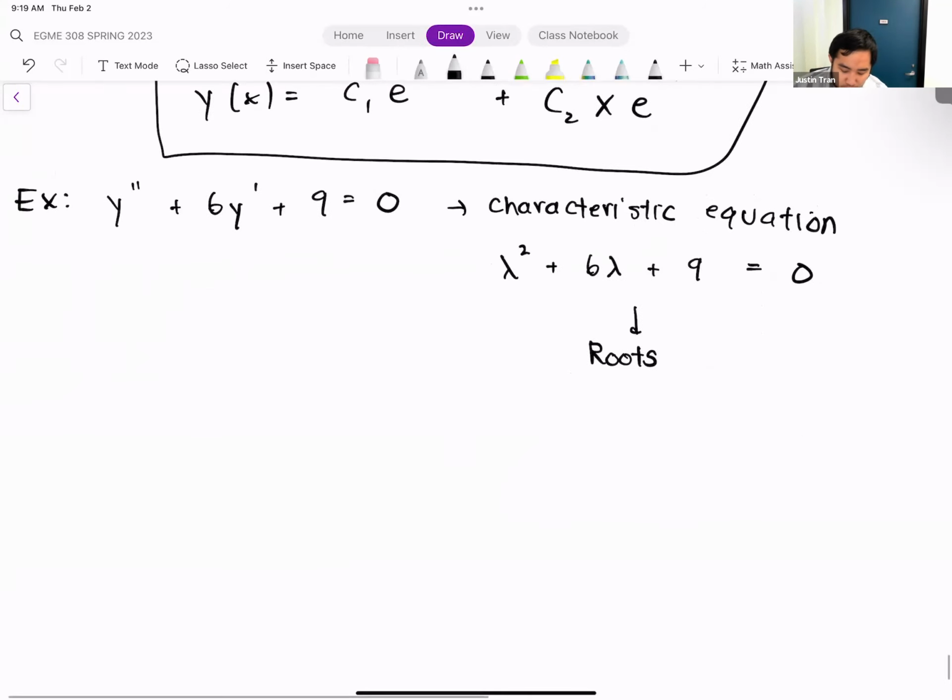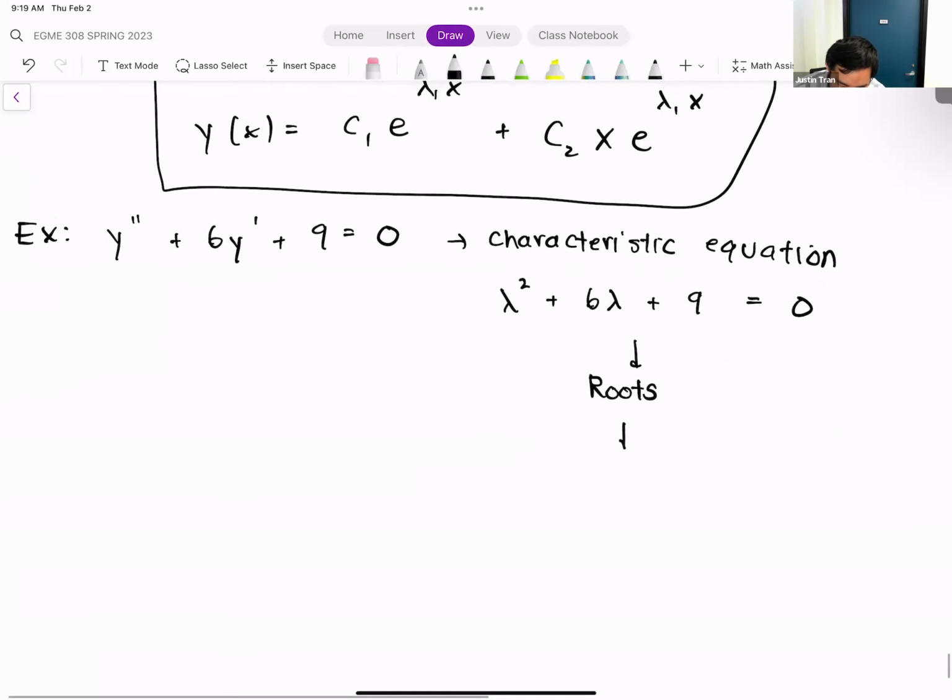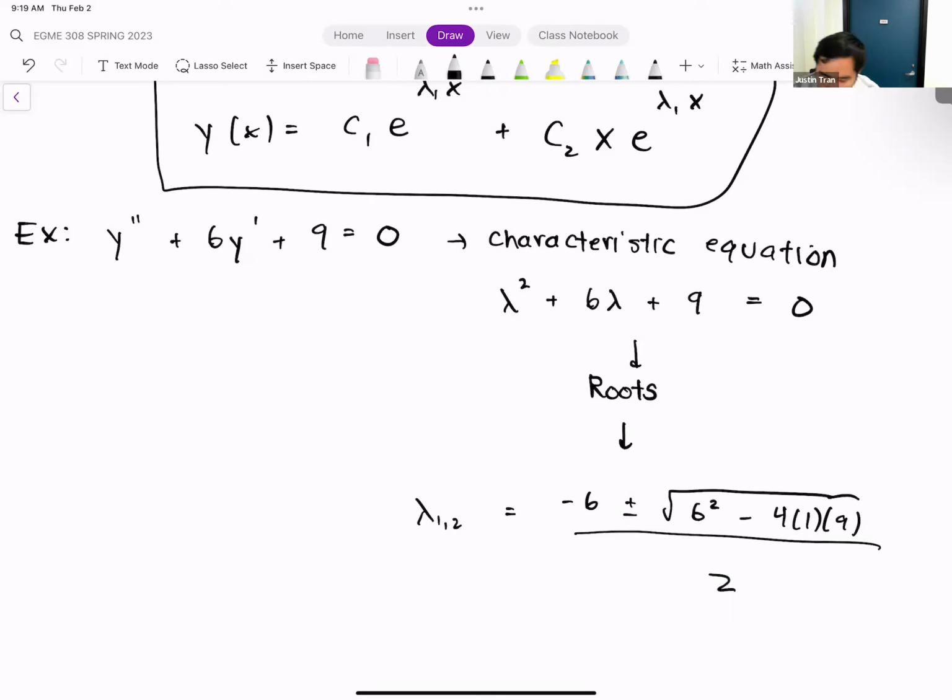Okay. So now that we have the characteristic equation, let's find the roots. And so lambda 1, lambda 2. I'm going to use the quadratic equation here. Minus 6 plus or minus the square root of 6 squared minus 4 times a times c, so 4 times 1 times 9, all divided by 2 times a, which is 1.